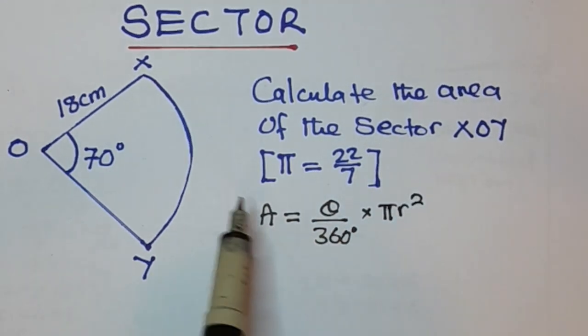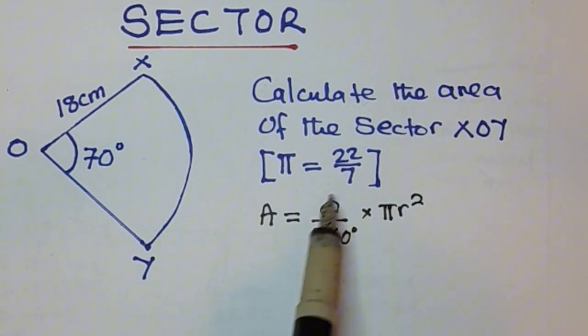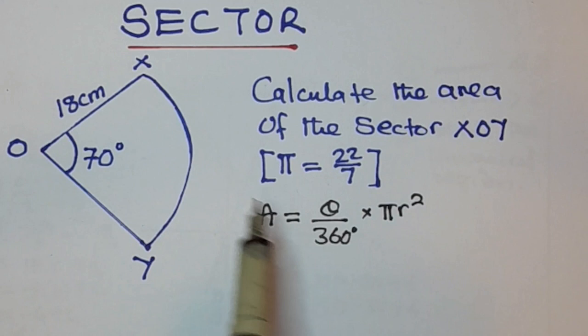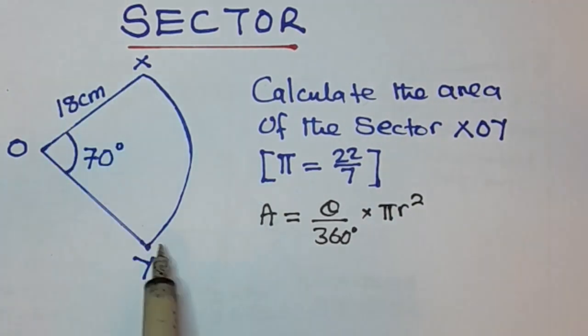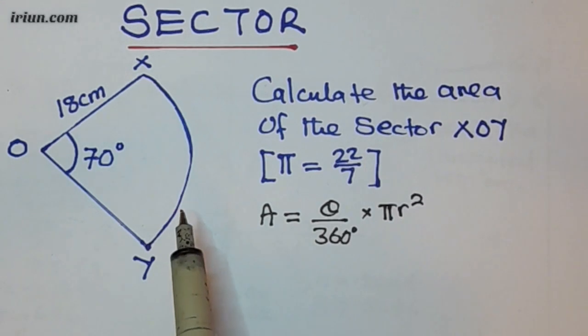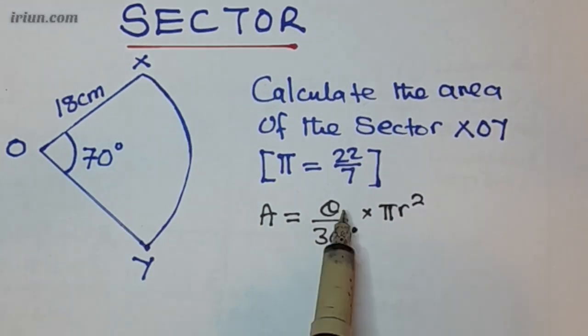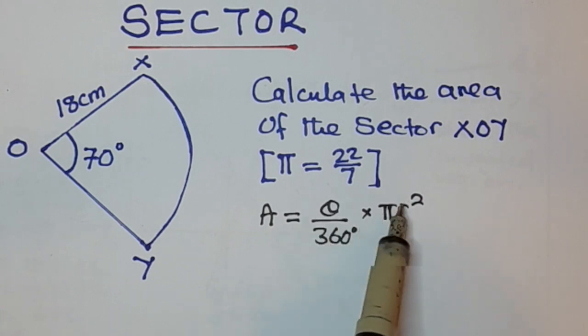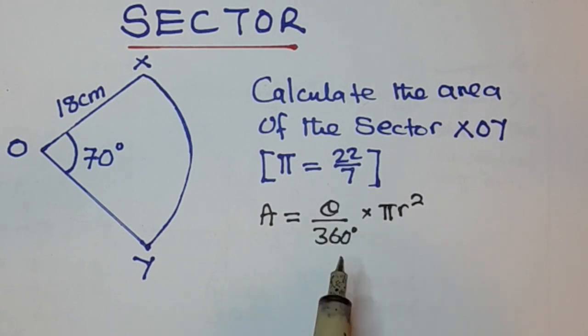We use this formula because a sector is just part of a full circle. So this is just a fraction of a full circle. That's the reason why we multiply by the area of the full circle, which is pi r squared.